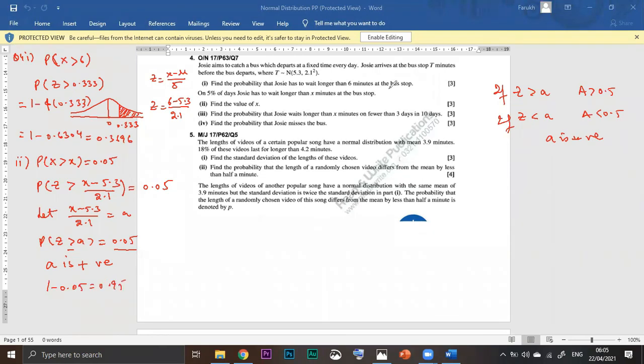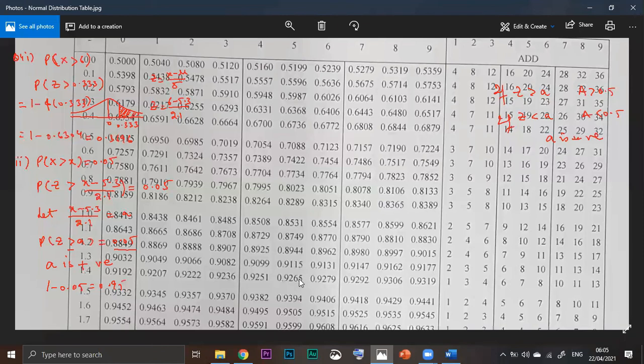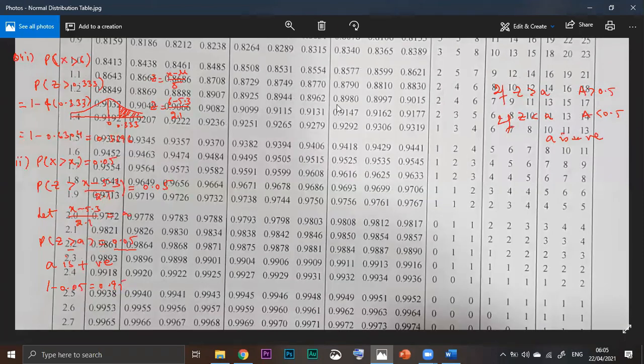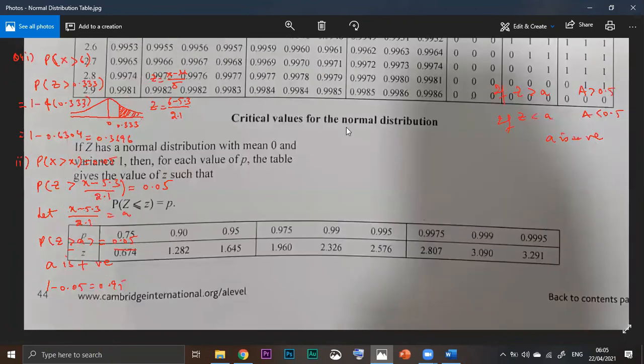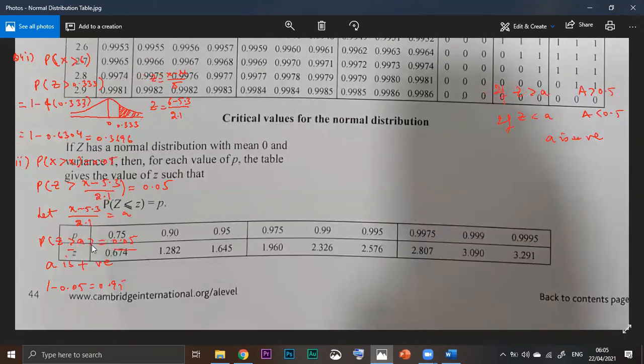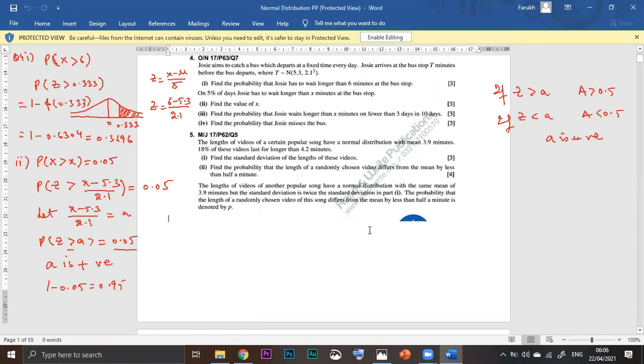Now in the table we will look for a value which is 0.95. First of all, I will try to use the more commonly used values. 0.95, yes, we have 0.95 here, and the value of z for 0.95 is 1.645. So the value of z is 1.645.